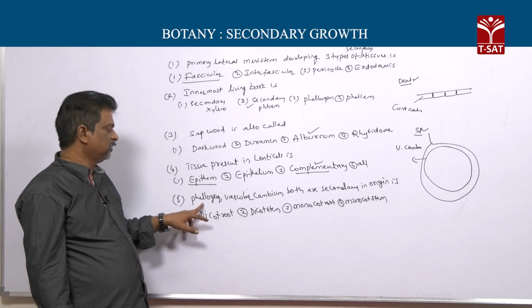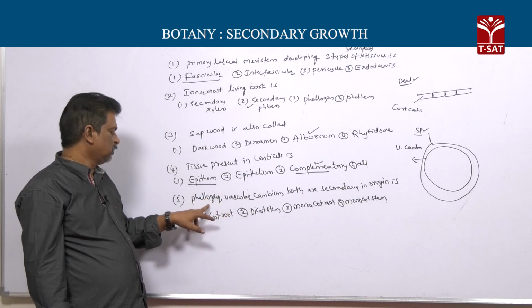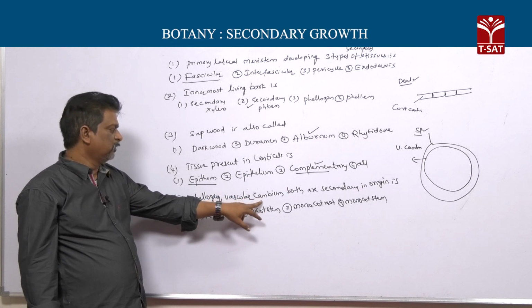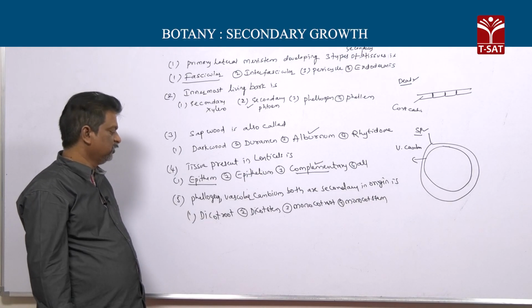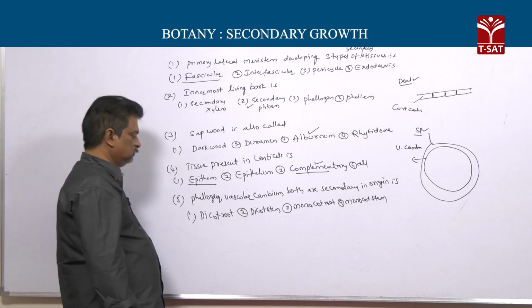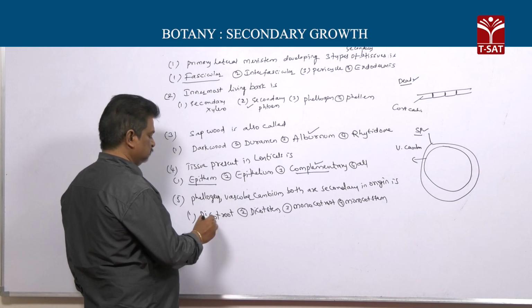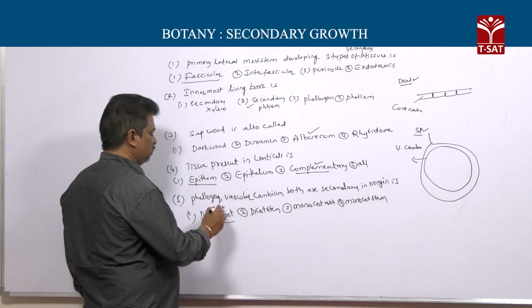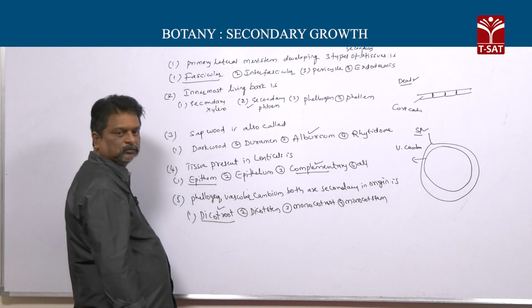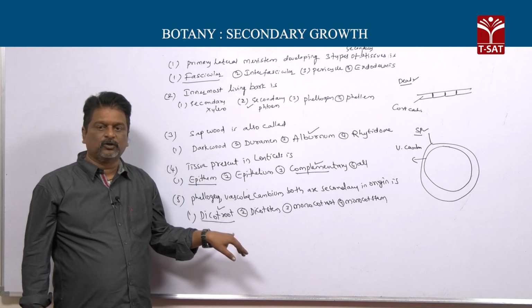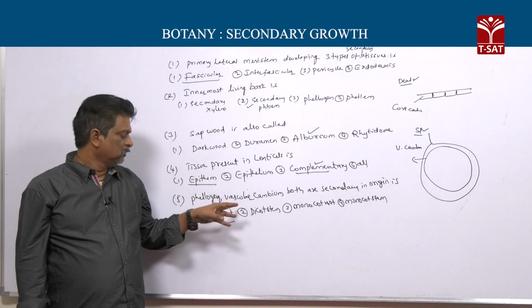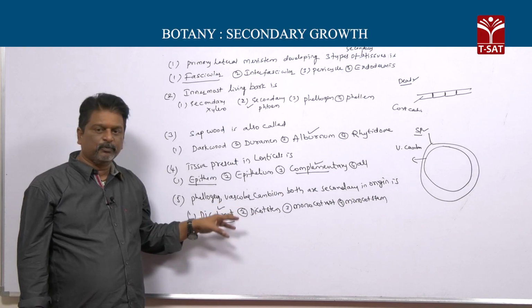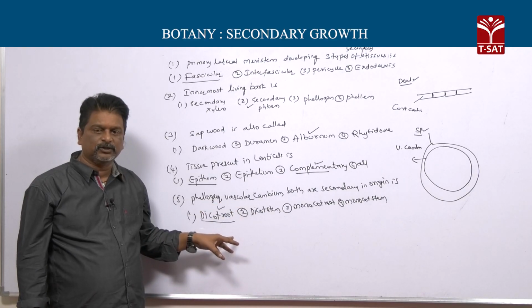Then phellogen means cork cambium, and vascular cambium, both are secondary in origin. In answer, dicot root. How? In dicot root, vascular cambium and cork cambium are not present from the starting stage.